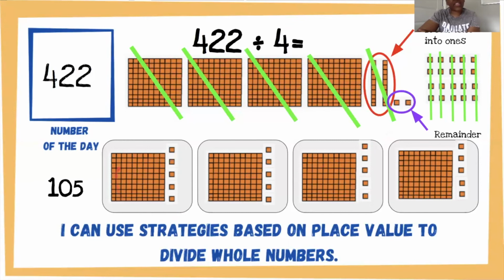So each group has a hundreds flat and 1, 2, 3, 4, 5 units, meaning that 422 divided by 4 equals 105, and we can't forget our remainder 2. I know that was a lot of work, right?